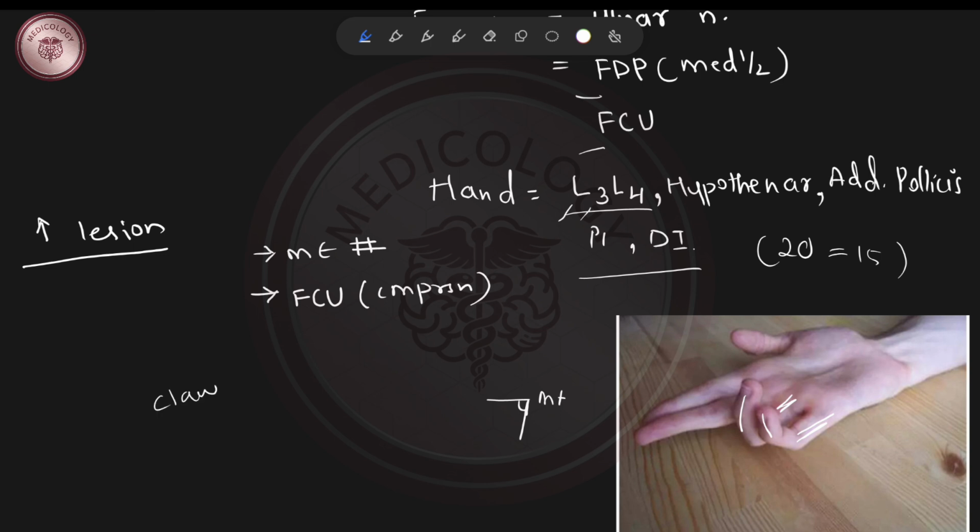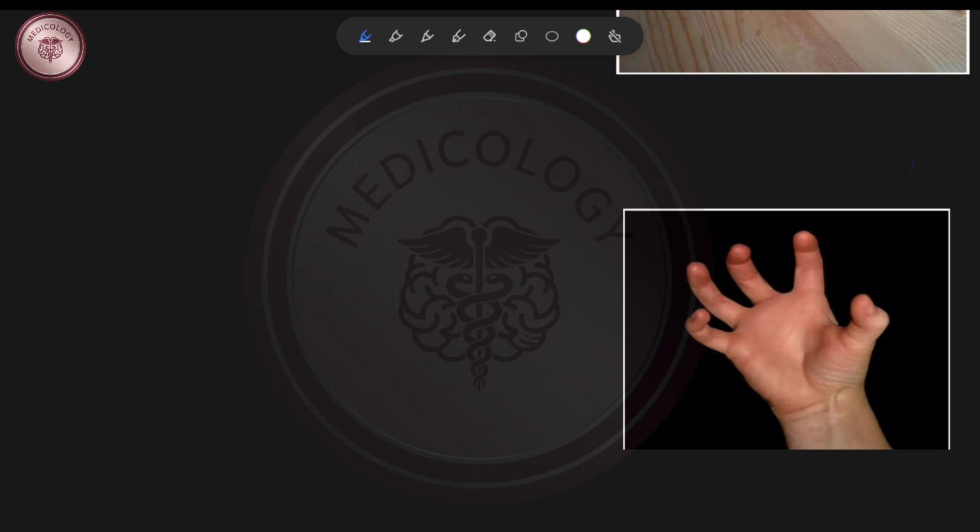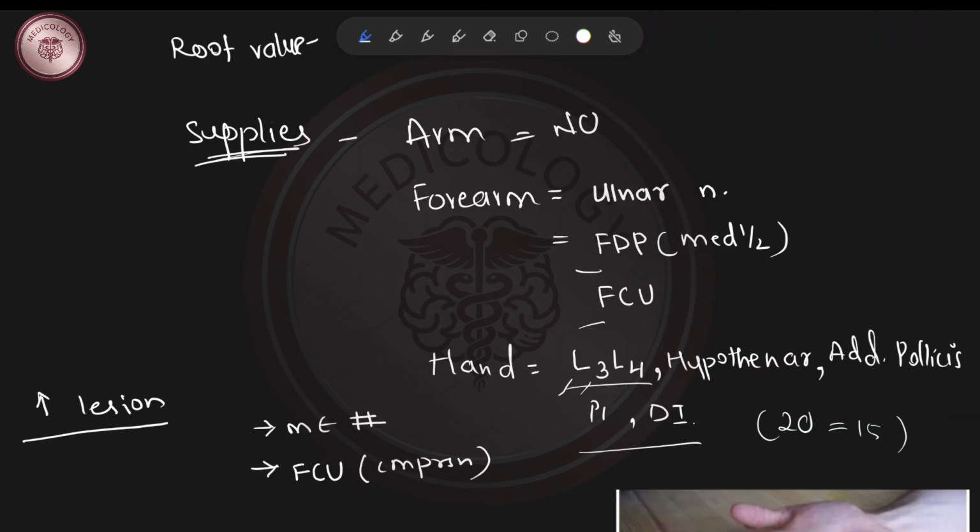Now if the injury is at the level of the wrist, you can say there is Guyon's canal over here through which our ulnar nerve passes, or there is a laceration injury of the wrist. In that, all the muscles of the forearm are spared.